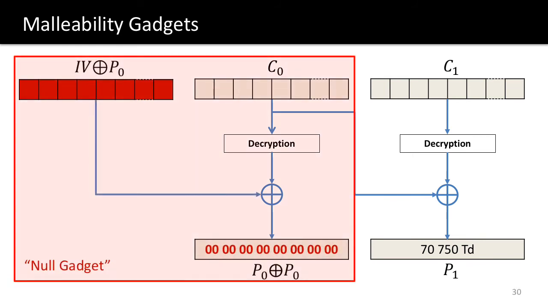Now, what happens if we could somehow know the content of a whole plaintext block? Then we could XOR that onto the very first block to get all zeros, or what we basically call a gadget, a blank sheet of paper, because we can write on that by taking any chosen plaintext and XORing that to get this plaintext as a result.